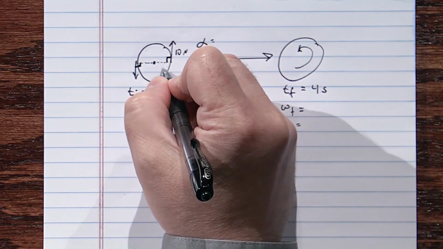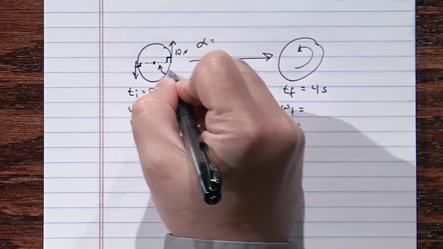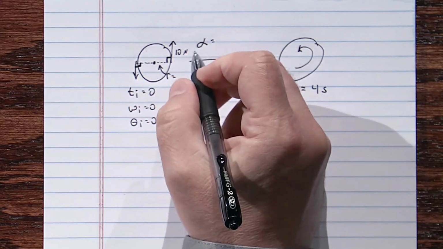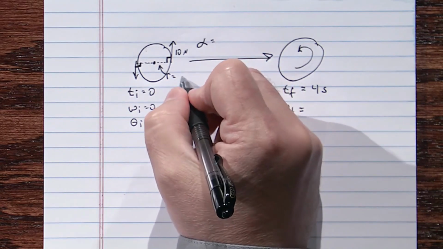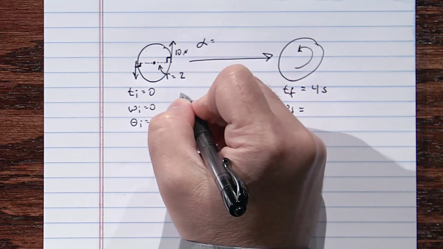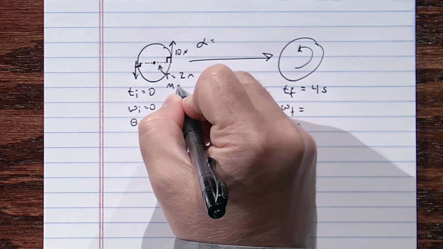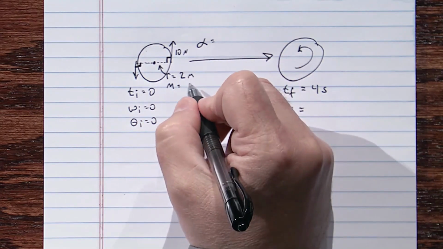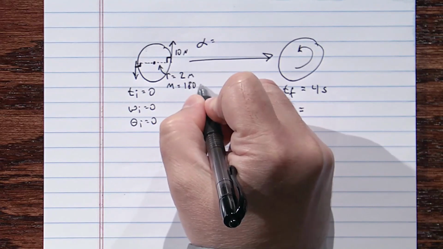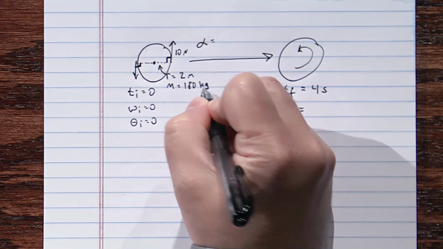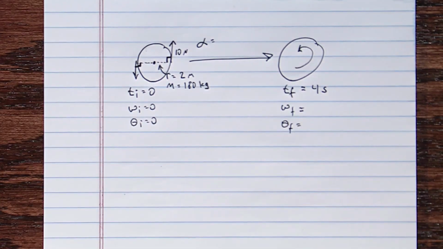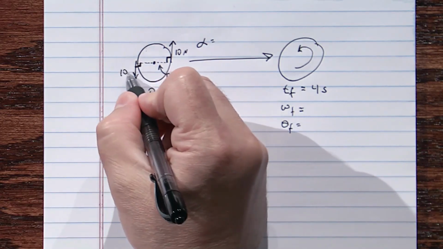We're told that the radius of the merry-go-round, R, is equal to 2 meters, and the mass of the merry-go-round is equal to 180 kilograms. Okay, that is everything. This is a 10 Newton force as well.